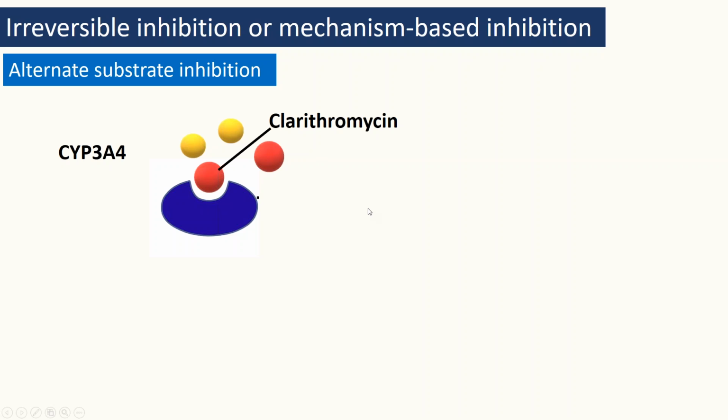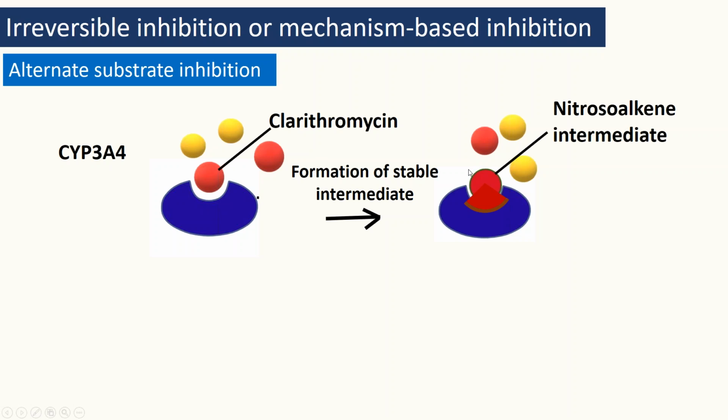Clarithromycin binds to the active site, and after binding it forms a stable intermediate known as the nitrosoalkene intermediate. That intermediate makes covalent bonds onto the active site, which makes the inhibition irreversible.